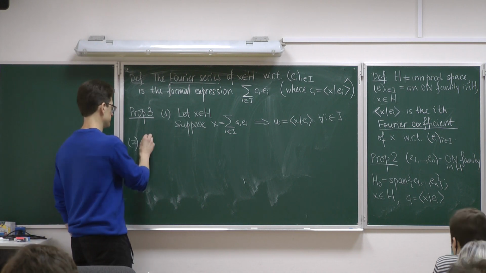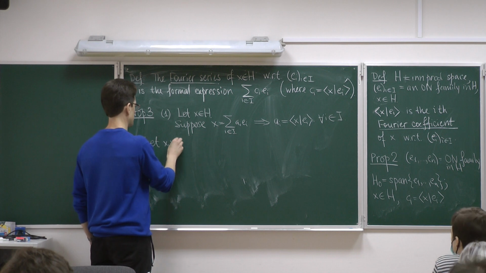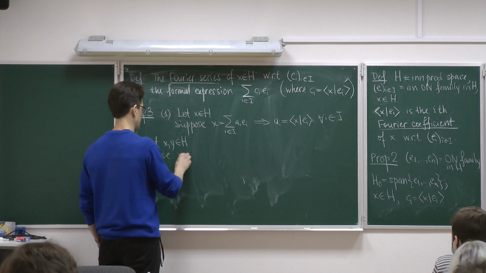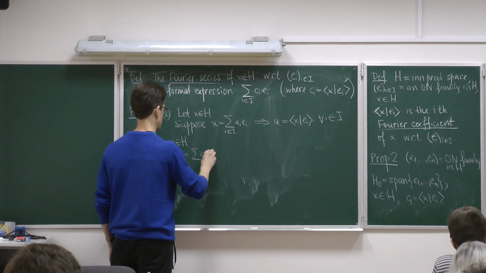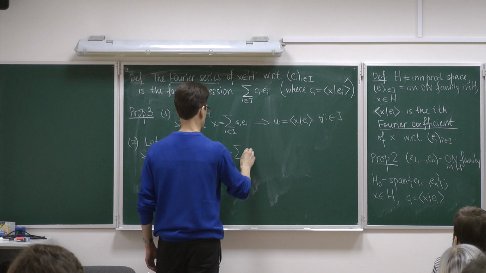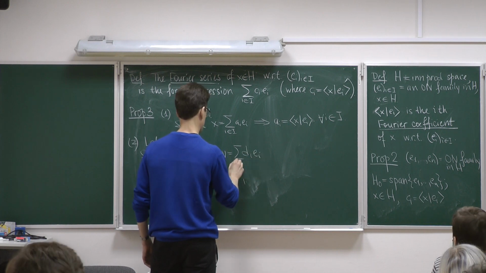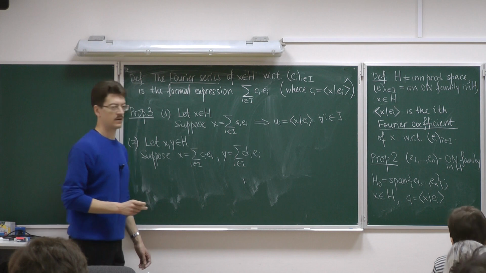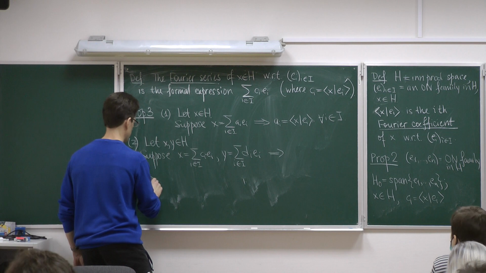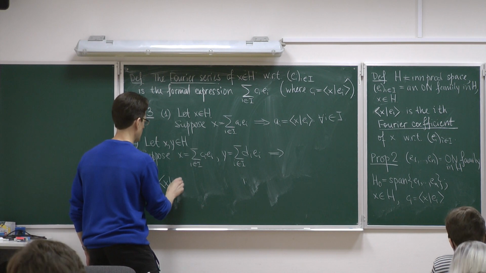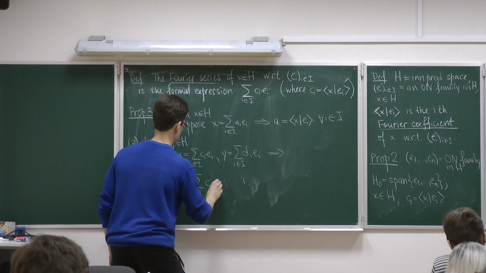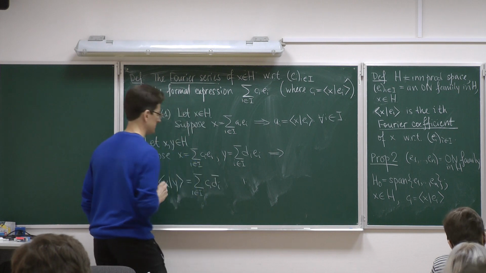And part 2, so suppose we have now two vectors in H, and suppose that each of them can be decomposed in the following way. In this case, we have the following explicit formula for their inner product. The inner product of x and y equals the following sum, Ci di complex conjugate.